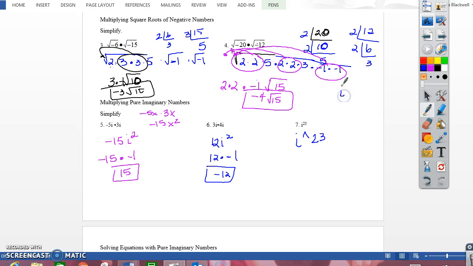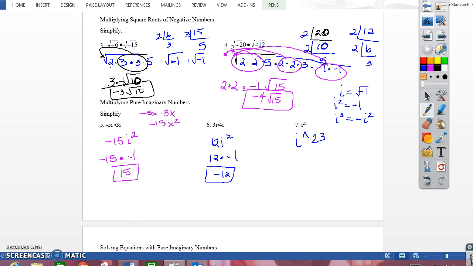So here's what you need to look at. You would have i, we know, is the square root of negative 1. i squared is the square root of negative 1 times the square root of negative 1, which is negative 1. i to the 3rd power would be i squared times another square root of negative 1, so it would be negative i squared. Sorry, not negative i squared.